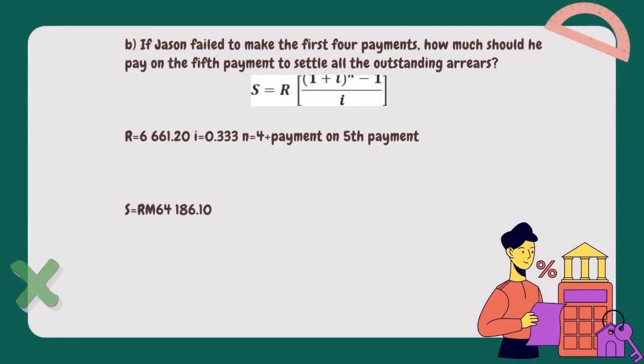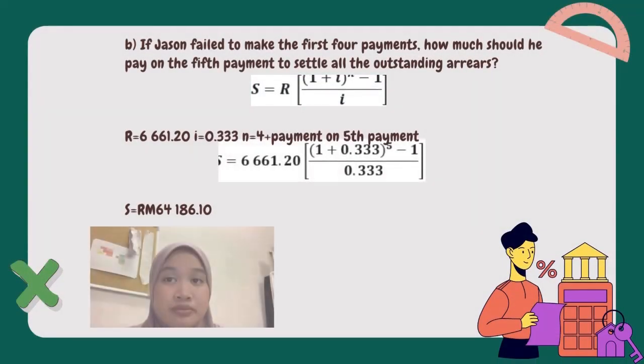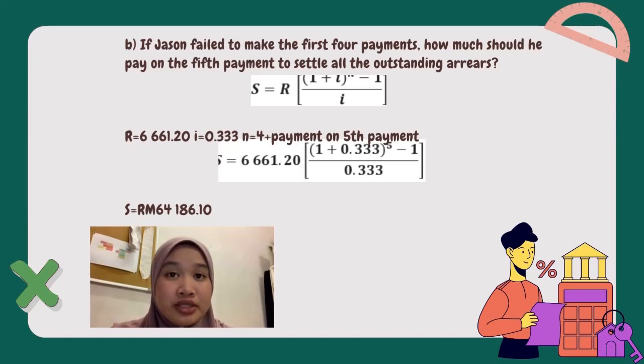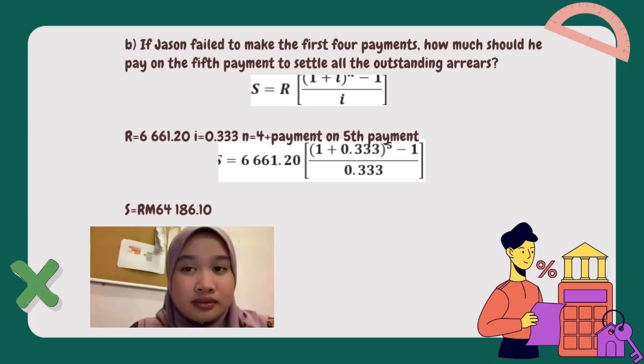For question 1B, if Jason failed to make the first 4 payments, how much should he pay on the 5th payment to settle all the outstanding arrears? In this question, we will use the formula S equal to R in bracket 1 plus I power of N minus 1, divided by I. R equal to 6,661 20 cents.